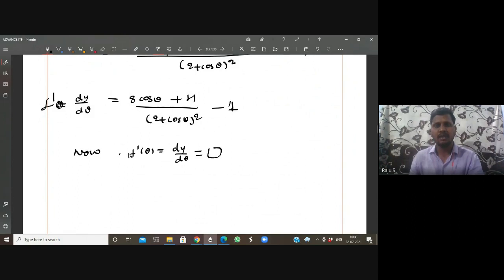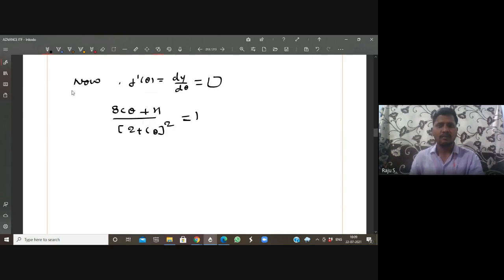So dy by d theta means 8 cos theta plus 4 by 2 plus cos theta whole square minus 1 is equal to 0. When I take minus 1 to the right side, it becomes plus 1, so equal to 1.